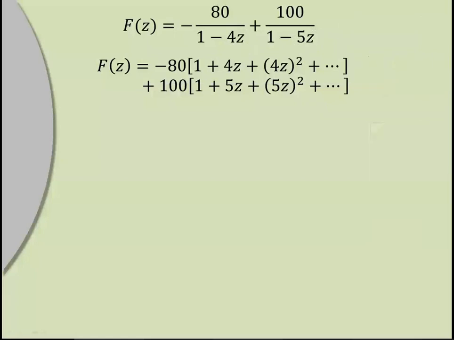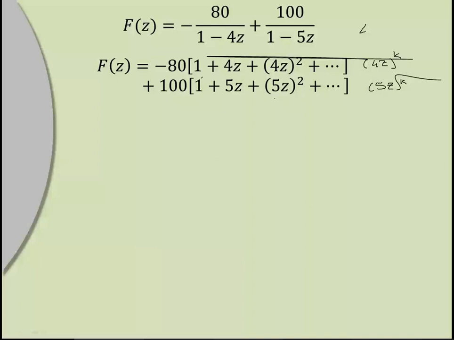Okay, if we simplify it, we get the terms 4z raised to k, and here we get the term 5z raised to k. So we can put it into summation. We can put all these terms into summation because this is the addition of the terms: 1 plus this plus this. So all these terms we can write in one single summation.